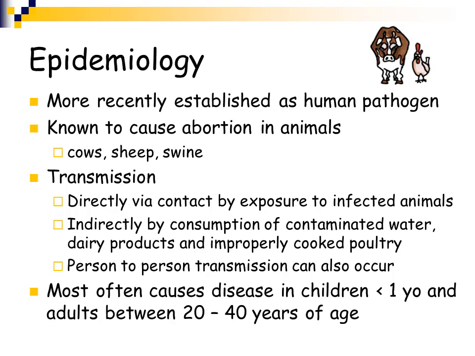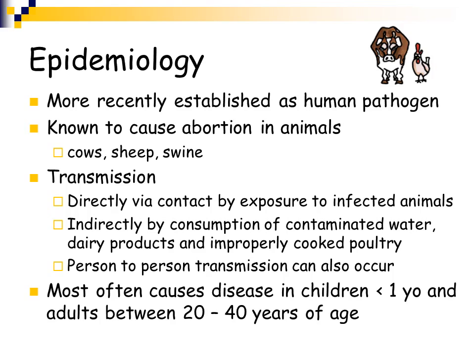The epidemiology of Campylobacter: it's a newer pathogen. It has been known to cause abortions in animals such as cows, sheep, and swine. Transmission can be direct through contact with infected animals, or indirect by consuming contaminated water, dairy products, and most commonly improperly cooked poultry.